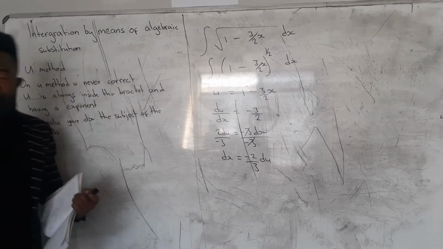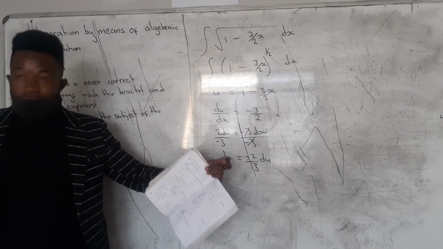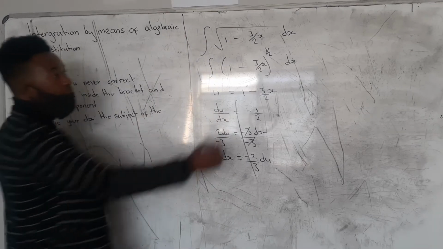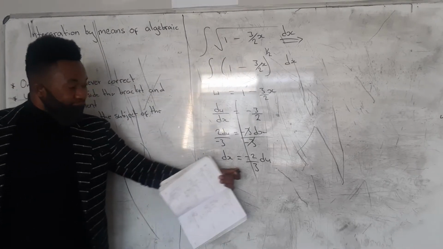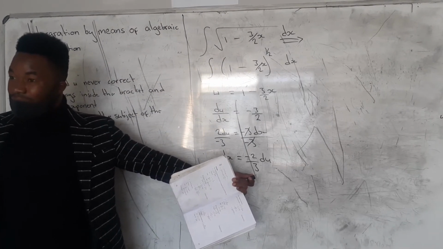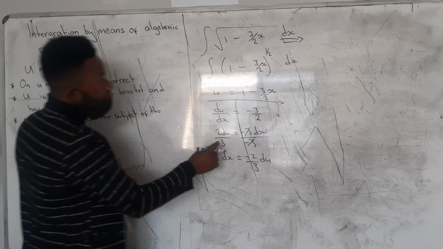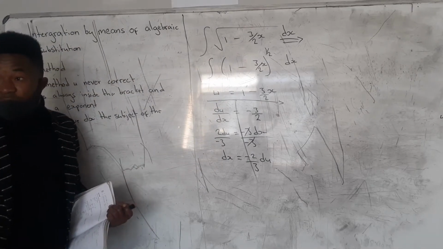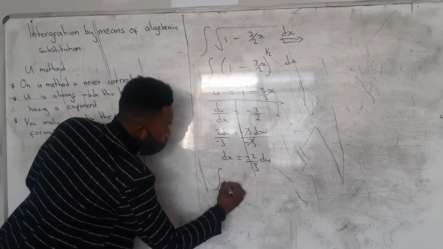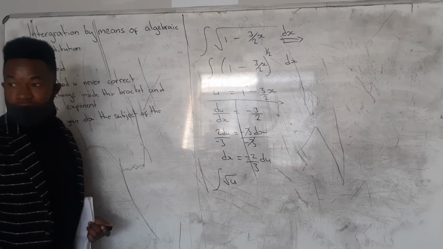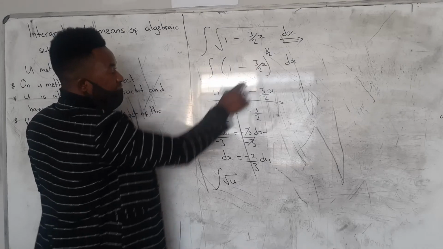I want you to see something. I have dx which is equal to negative 2 over 3 du. Check my original equation. I'm having dx here. So instead of writing dx, I can write this. And I also have my U, so instead of writing this part, I can write U. So your equation now becomes the root of U, instead of writing 1 minus 3 over 2x, because I said U is equal to this.